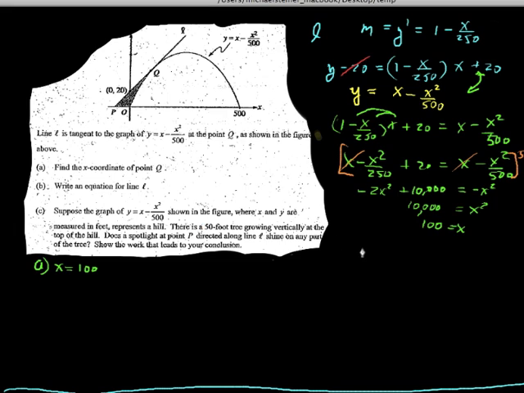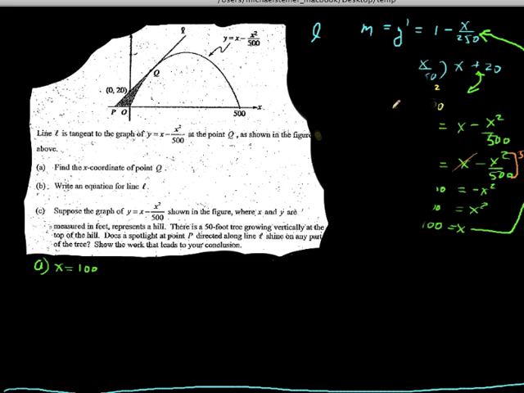Now find the equation of line L. We have our x, and so if we put the x back into our equation for slope, we will know the slope, and we have a point. We have a point 0, 20. So let's put x equals 100 into our equation for the slope of the line.